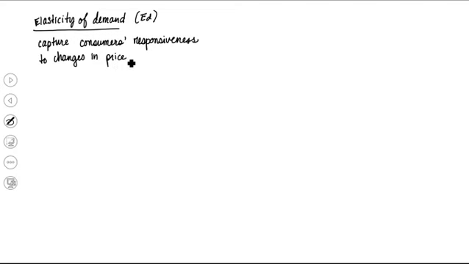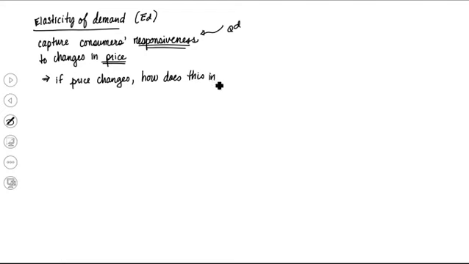Again, remember, an elasticity captures how X gets impacted when Y changes. Well, the thing that's changing is price, and we want to know when price changes, how does this affect, for example, the quantity demanded that they buy? So we're very simply asking, if price changes, how does this impact quantity demanded?